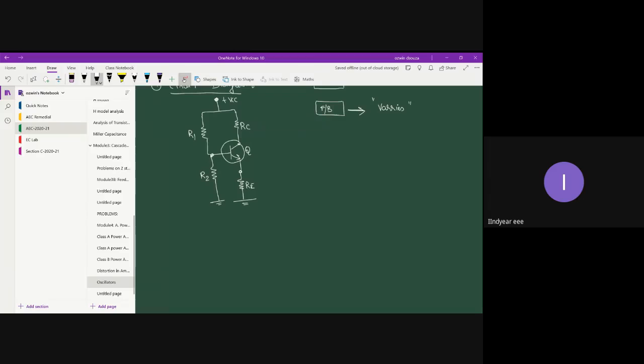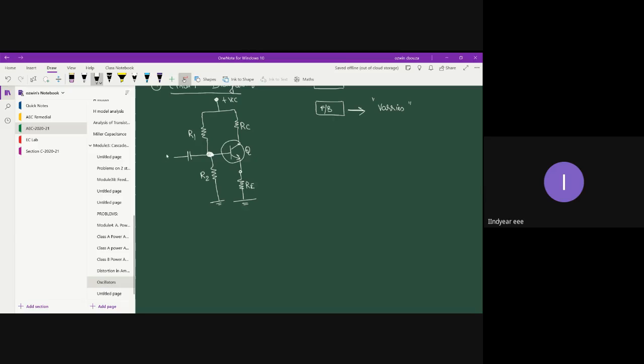Remember one thing, there is no input, because it's an oscillator circuit. This is the common mistake that students make in the exam. Remember, there is no AC input for an oscillator.